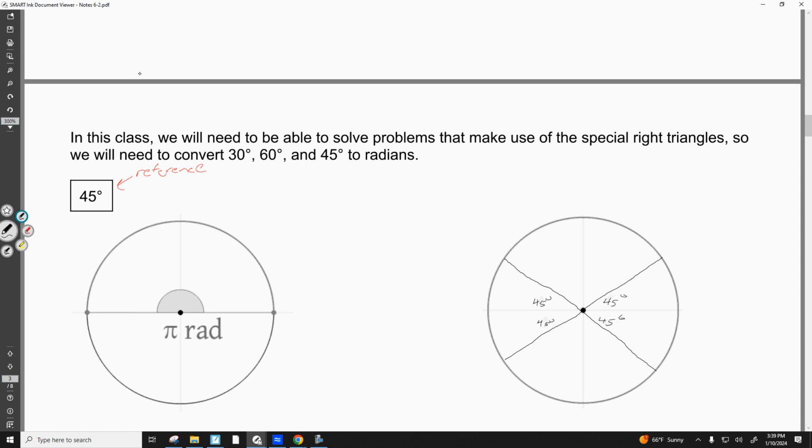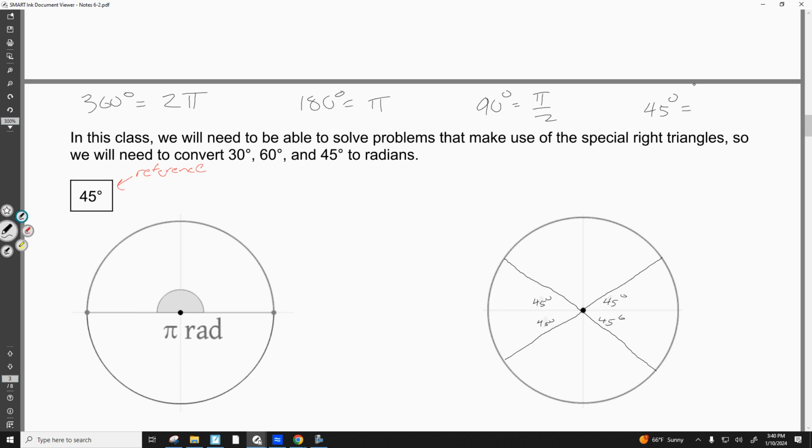Keeping in our brains that the angle measurement 360 degrees is equivalent to the circumference of 2 pi around the unit circle, and that 180 degrees is equivalent to the arc length or the circumference of pi, like half of the circumference, and that 90 is equivalent to pi divided by 2. What's 45 equal to? Tell your neighbors. What would 45 be equal to? This is important. This is brand new for all of you, so keep your minds open and try.